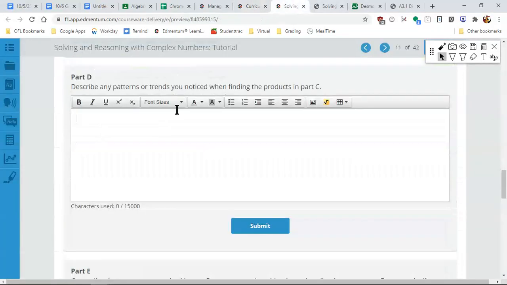All right, so now we're going to describe the patterns that we see here. We're going to see that when we do the conjugate of complex numbers, remember, complex numbers are that a plus bi.